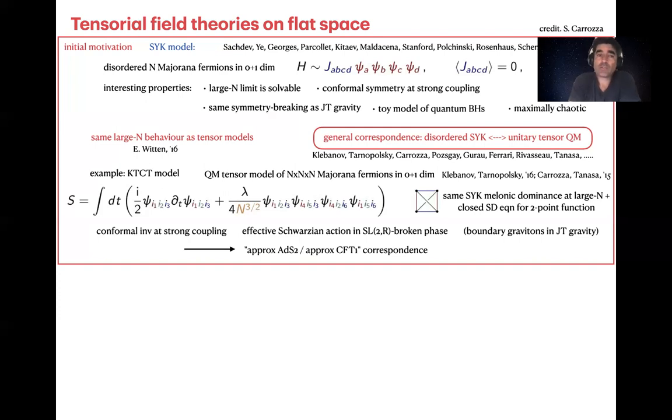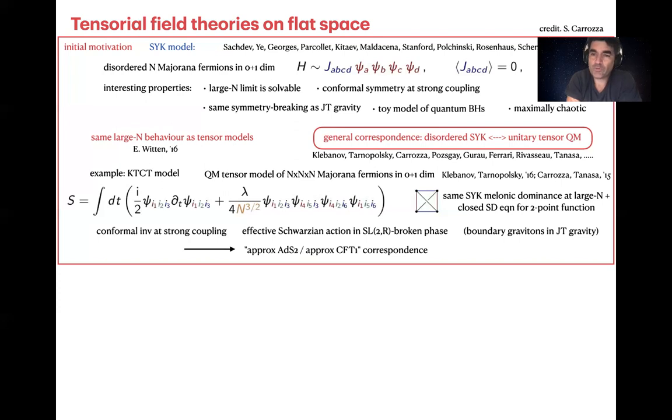Very interestingly, as noticed by Witten in 2016, the same large n behavior of tensor models is the one found in this SYK model. And this prompted a conjecture first, and then the establishment of a number of results about a general correspondence between disordered SYK systems and unitary tensorial quantum mechanics.